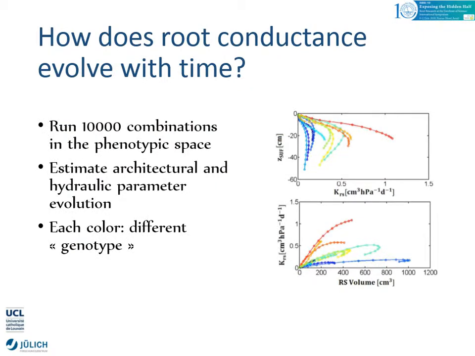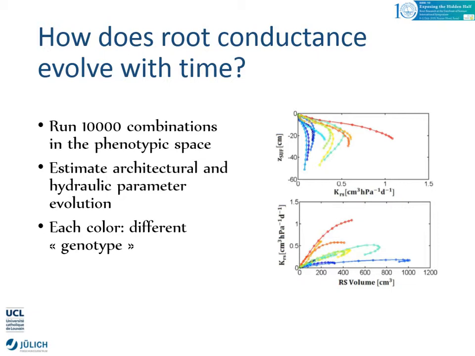When we speak about strategies, we also need to speak about time. Here you have 9 simulations, actually picked from 10,000 simulations. Each color represents a different genotype with a set of root parameters, and you see how it behaves in time. They all start from 0, the top of the soil, and they grow down.